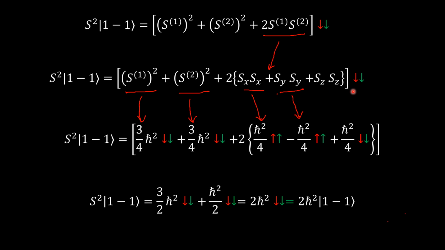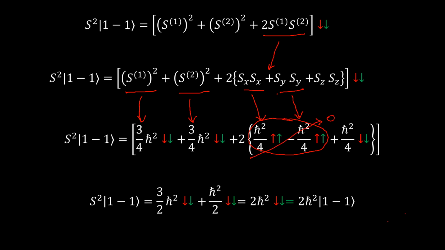And Sz will not change the state. So this will be ħ squared over 4 spin down and spin down. Now you can cancel this because the spin state for both is up and the multiplicative factor is also common, ħ squared over 4. So this will become 0.